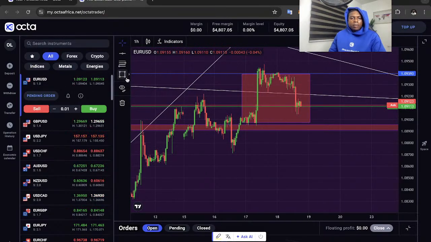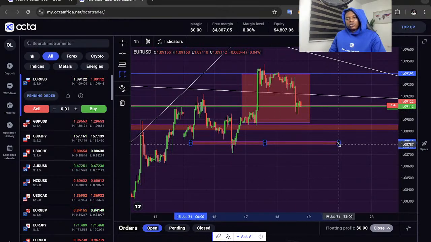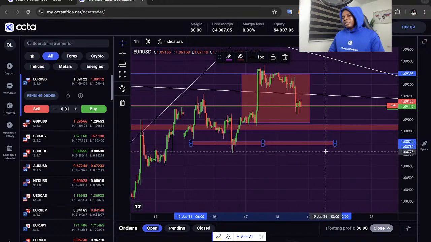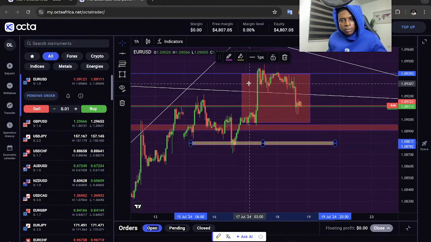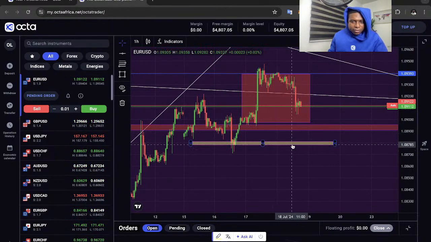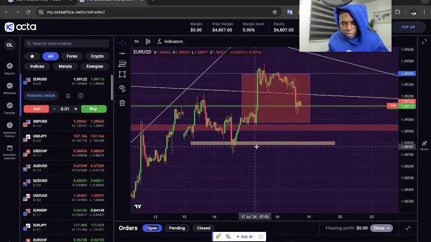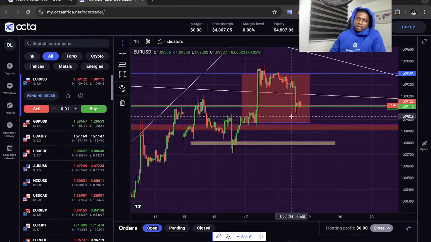So now, let me draw something up here again. So when price closes at this level, let me put this. Okay, good. When price closes at this level, below here, then a sell has been activated. A sell signal has been activated.